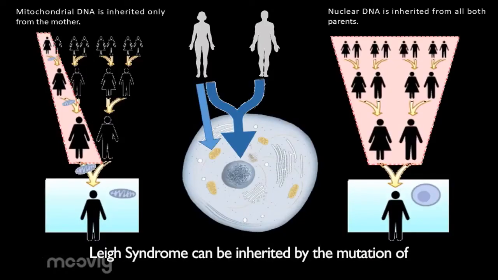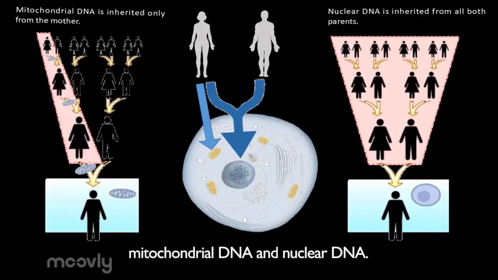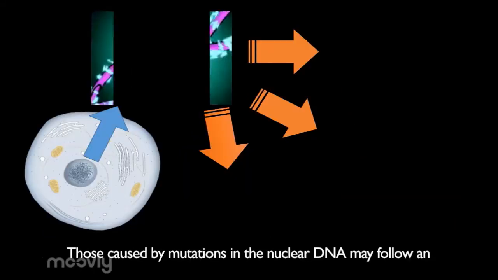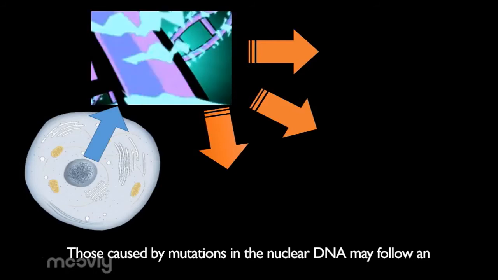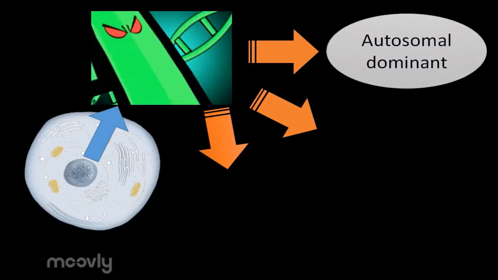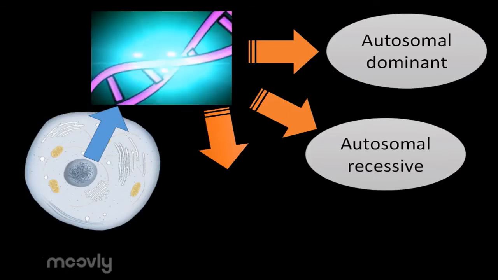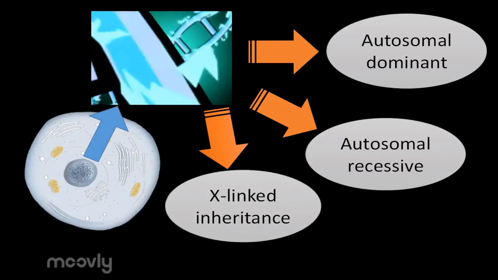Leigh syndrome can be inherited by mutation of mitochondrial DNA and nuclear DNA. Those caused by mutation in nuclear DNA may follow an autosomal dominant, autosomal recessive, and X-linked inheritance.